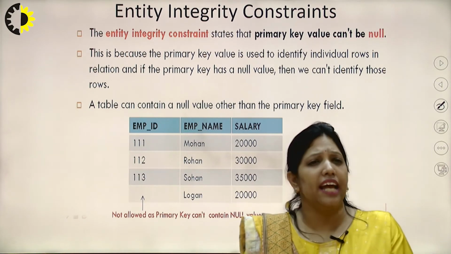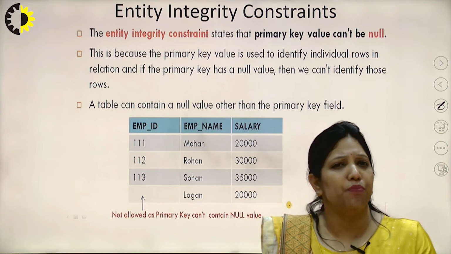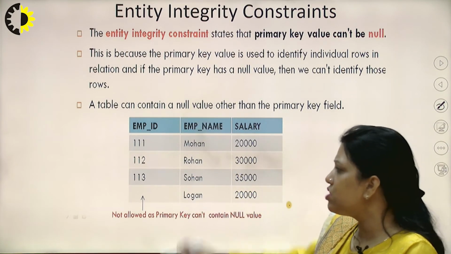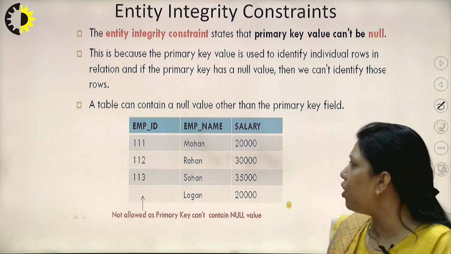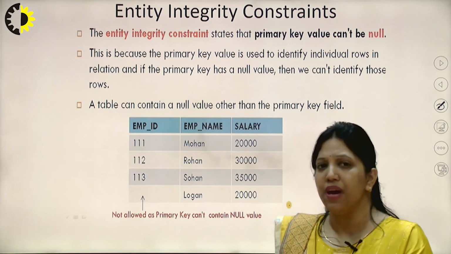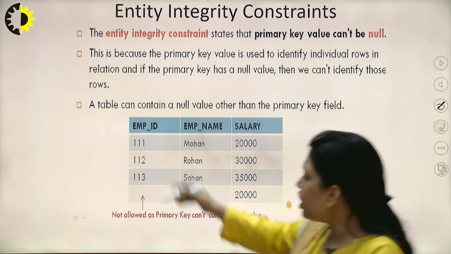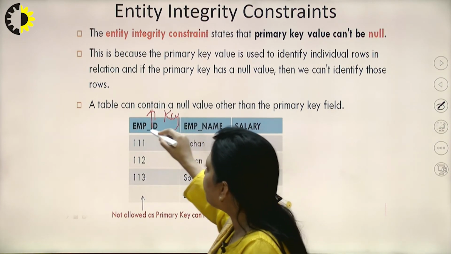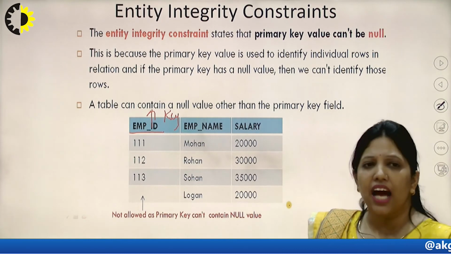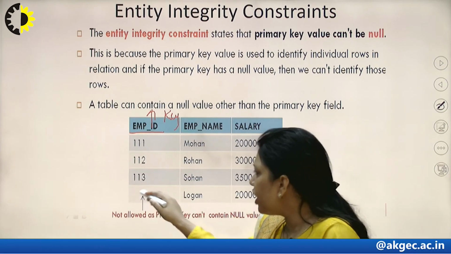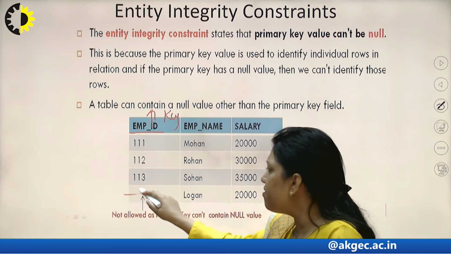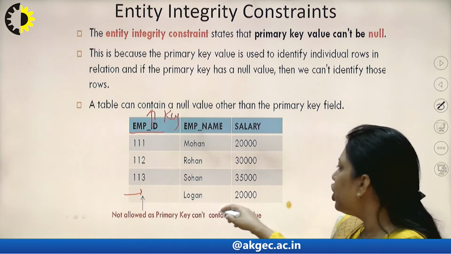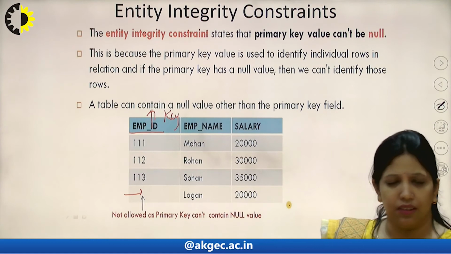A table can contain null values other than in the primary key field. Here is a table of employees in which we have three attributes: employee ID, employee name and salary. If we consider employee ID as the primary key, then this is not allowed, because we have a null value. There is no value for the employee ID for the employee named Logan.